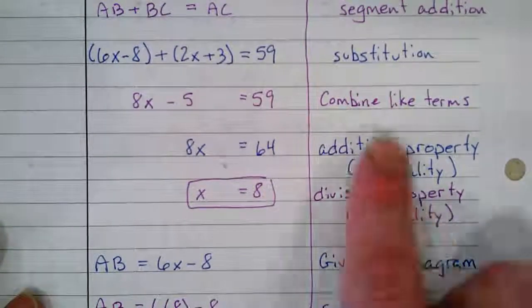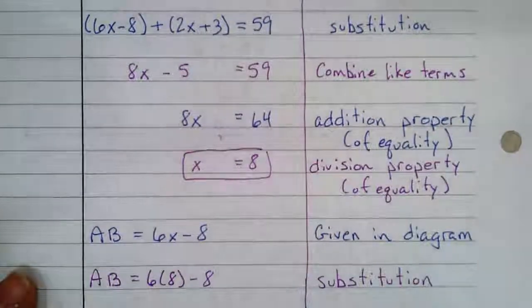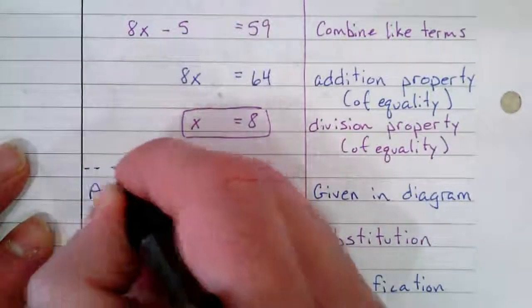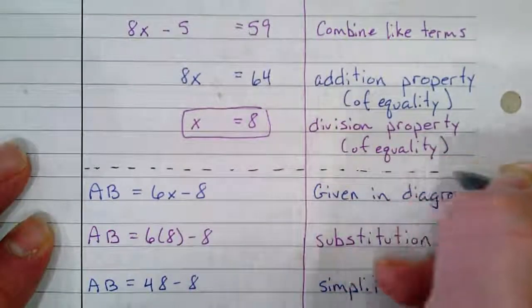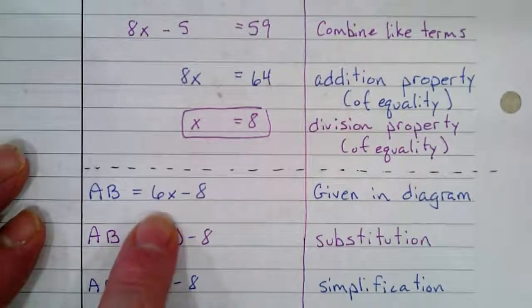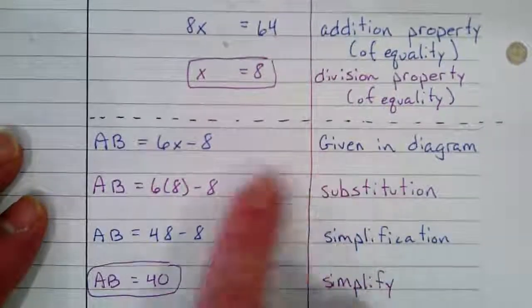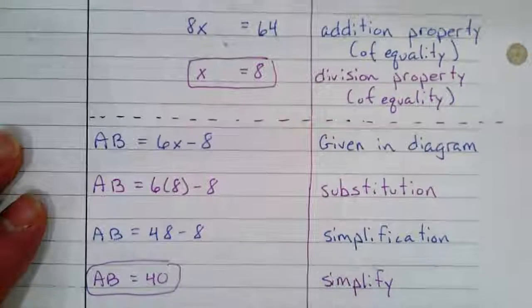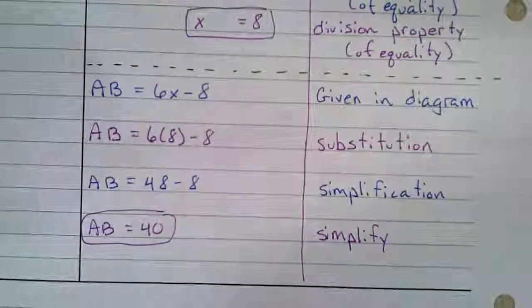Then we added to both sides, addition property, and divided on both sides, division property. And then there's kind of a break here. Now that we know what x is, we go into the second part. We want to find AB. We know that it's 6x minus 8, given in the diagram. We know what x is, so we substitute that in for x, substitution. And then we just do some simplification to figure out what AB is.